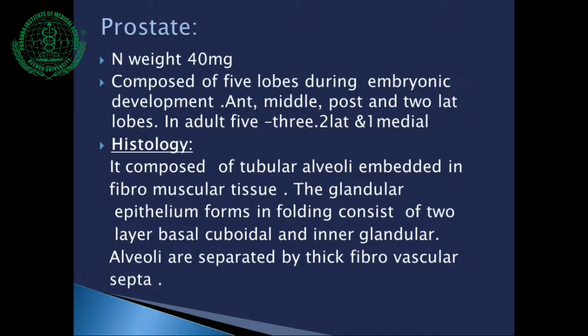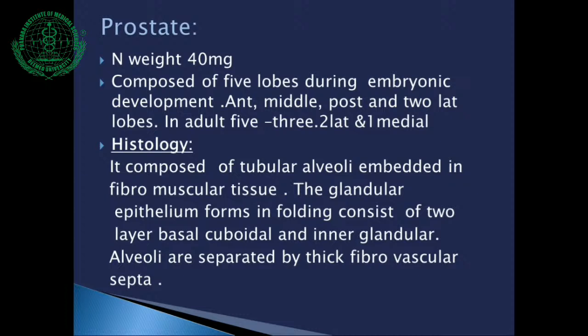Before going to the pathology of this, we will see what is the normal weight of the gland. It is 40 grams in weight. It is composed of 5 lobes, but in adults there are 3 lobes, 2 lateral and 1 medial lobe, on the anatomy.